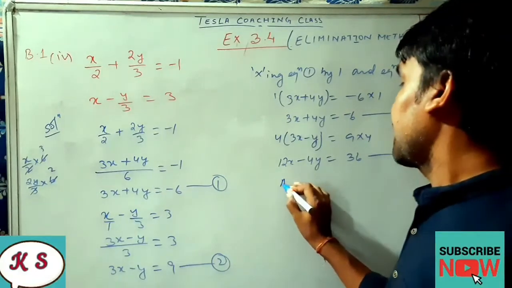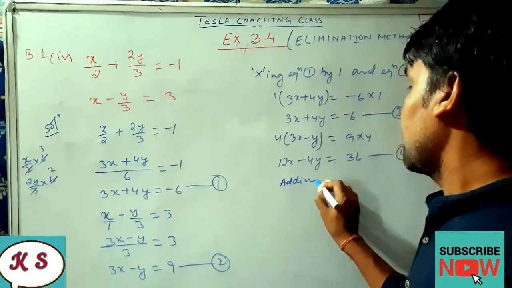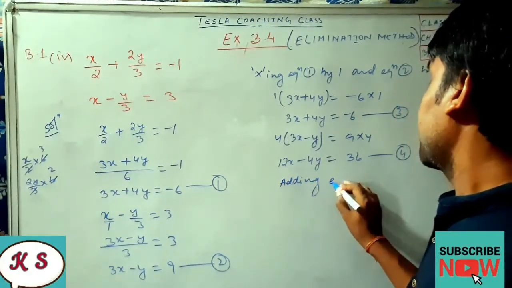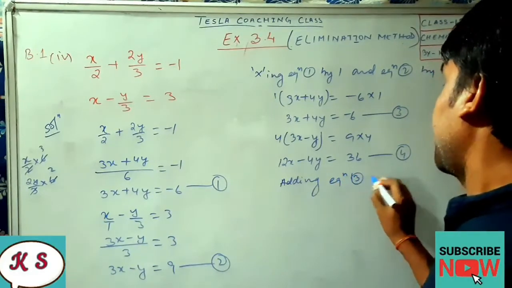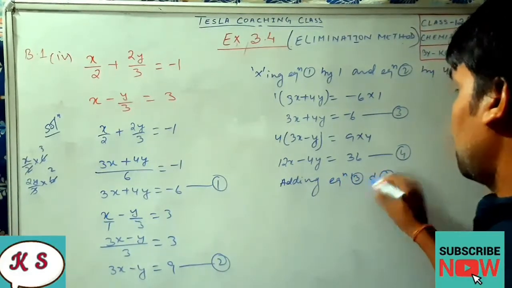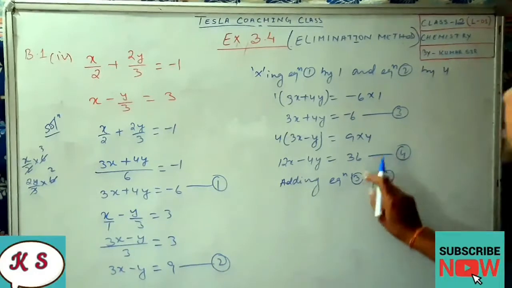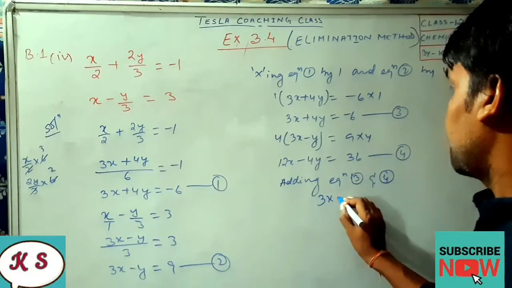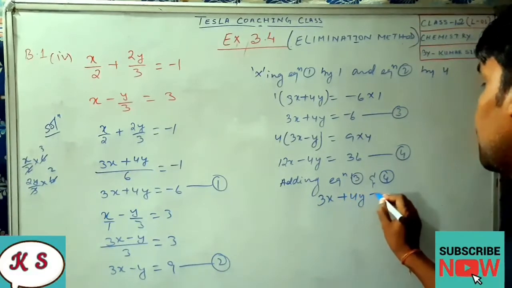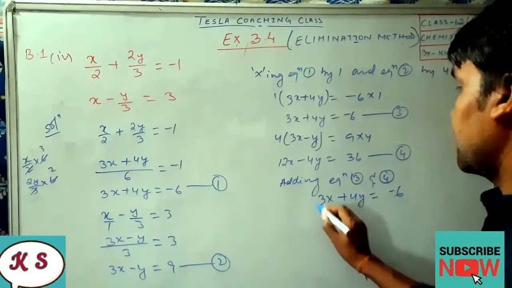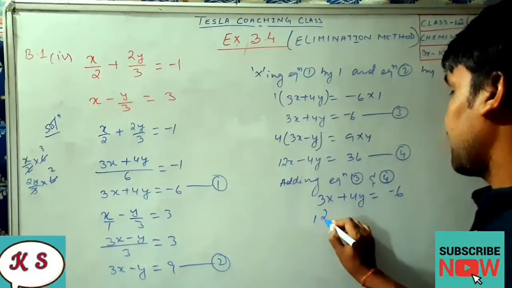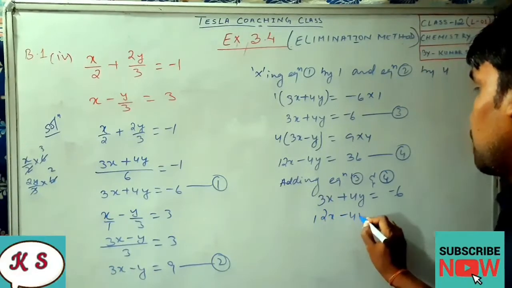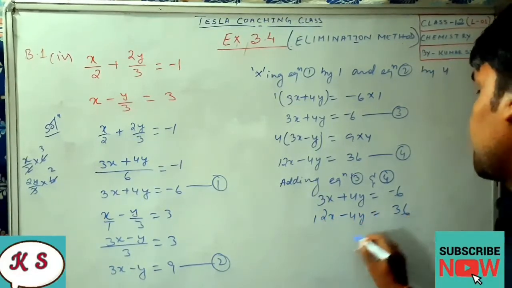Okay, so you write here adding. If opposite signs are there, then adding equation 3 and equation number 4. So when we add equation 3 and 4, then you will get 3x plus 4y equal to minus 6, and here equation number 4, 12x minus 4y equal to 36.